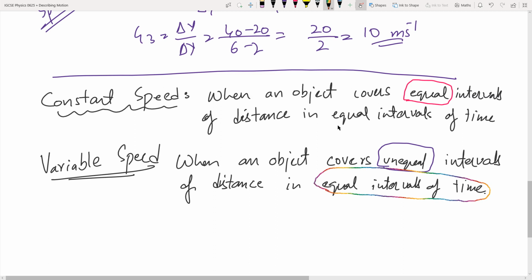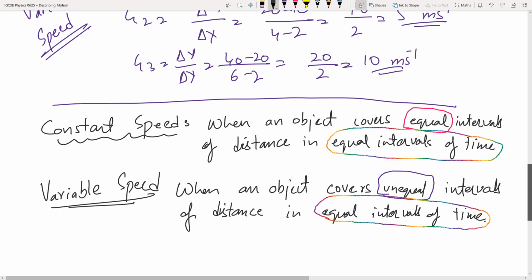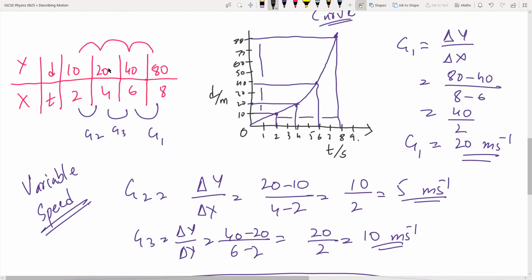Why? Because if you change time intervals for each of these, then we won't be able to evaluate what was happening to the graph. So time has to be equal, which over here in these values you can say that the time was at equal intervals. It was 2, 4, 6 and 8. That means the interval over here and over here was the same.